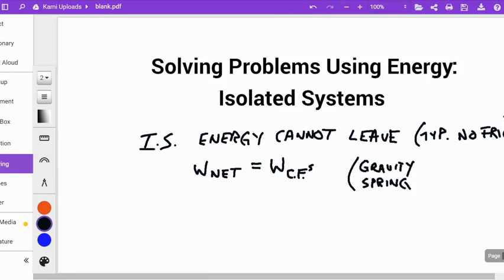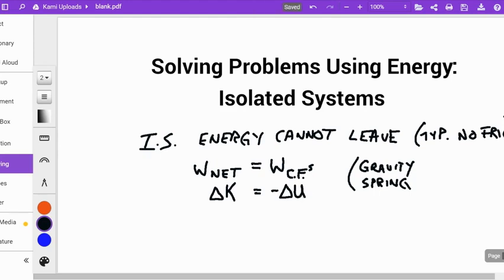So this is the statement that I wrote here: work net is equal to the work done by the conservative forces. What we can do with that is a replacement on each side. We know that the work done by the net force is equal to a change in the kinetic energy of an object. We also know that the work done by conservative forces is equal to a negative change in the potential energy that goes with each of those forces.